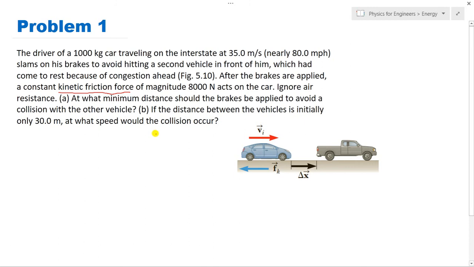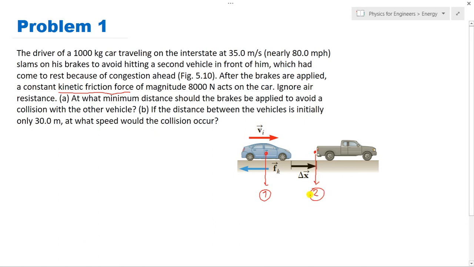So first things first, class, so that we don't get confused, you need to identify the states. Again, when we derive the conservation of mechanical energy equation, we consider the states. So here, let's consider state 1 to be before the car gets close. So this is our state 1, and then state 2 is when it is almost there, very near, but there is no damage yet for letter A. This would be state 2.